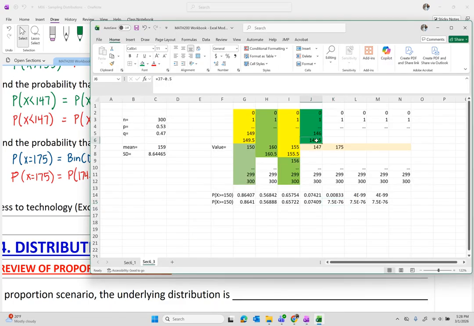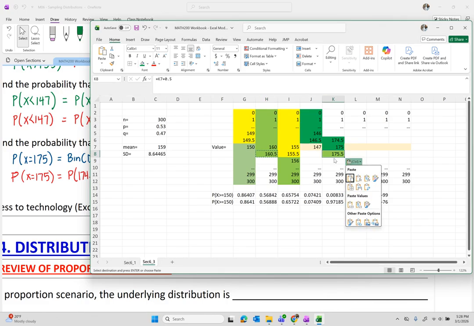So I only need this value, that will be my green one. And what I need is to subtract a half and add half, and in Excel I'm going to calculate this.